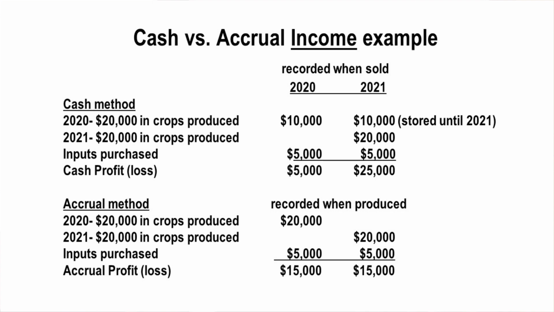Your inputs are the same, but again, your profitability is very different, right? Whereas in the accrual method, the crops produced, even though they're in storage, you would record all of that value there. And then in 2021, your crops produced would be the full $20,000. So you're still getting to the same place, but it doesn't give you that true picture on an annual basis. And again, the cash method is what most farms use.